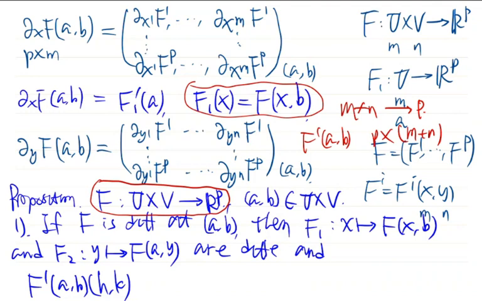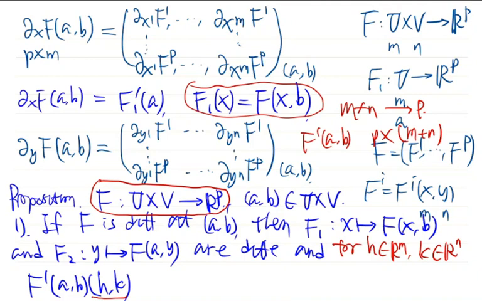Okay, so here h is a vector in R^m and k in R^n. Therefore, the pair (h, k) is a vector in R^(m+n). So this vector acted on by the p by m plus n matrix capital F'(a, b) is a vector in R^p.